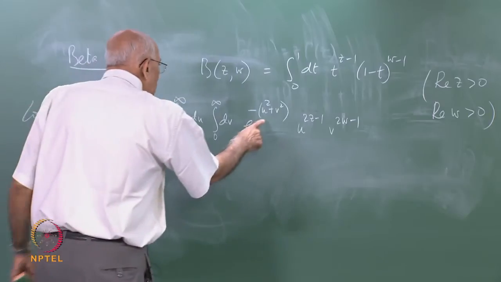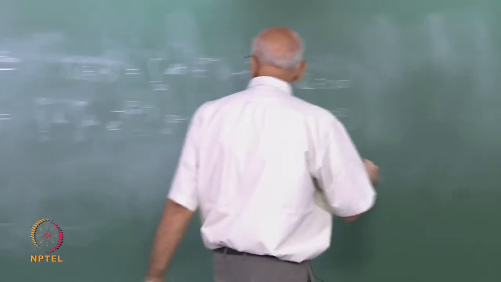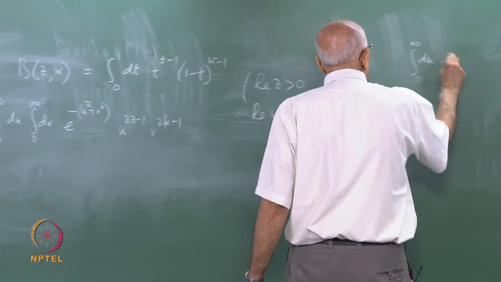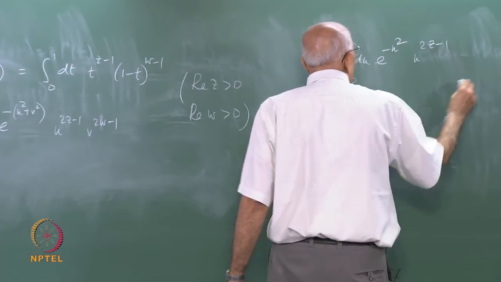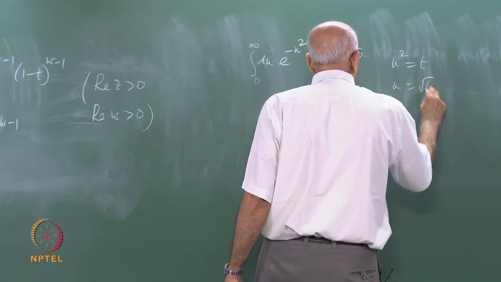So what I have to do is to put u squared equal to some variable. So let us do that and see what it gives us. So you put integral 0 to infinity du e to the minus u squared u to the 2z minus 1. So let us put u squared equal to t. So u is square root of t.